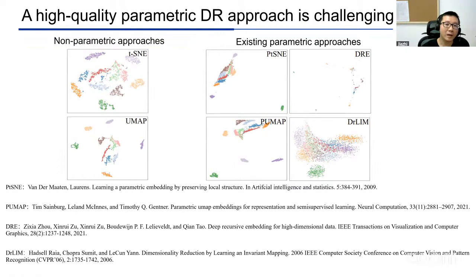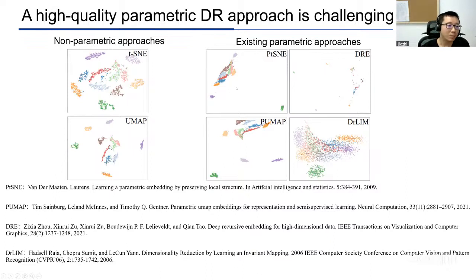But a high-quality parametric dimensionality reduction approach is challenging. Many researchers have explored learning an embedding, such as parametric versions of t-SNE and UMAP, using contrastive learning.